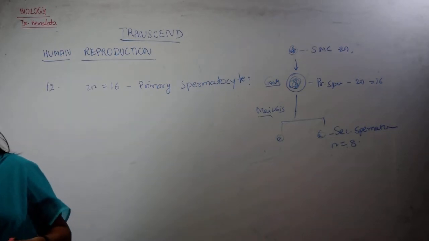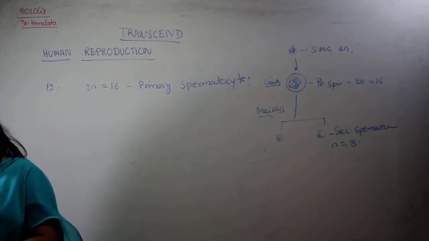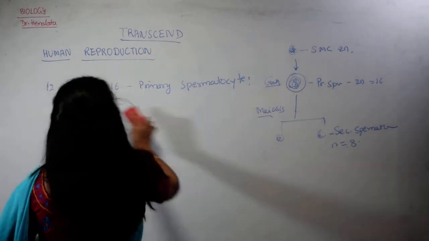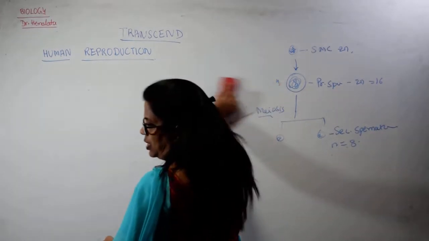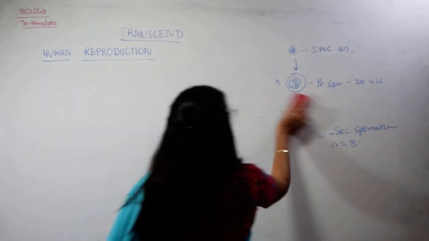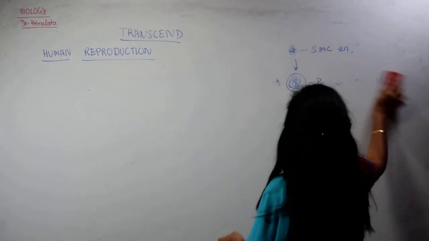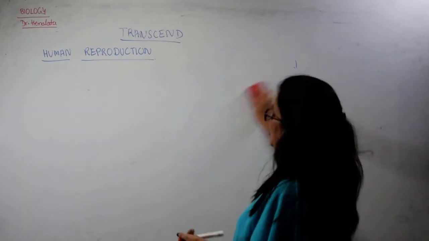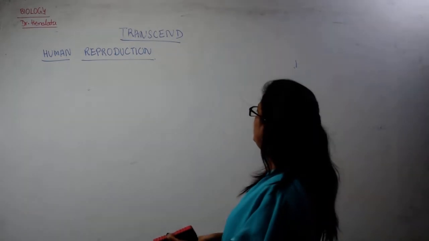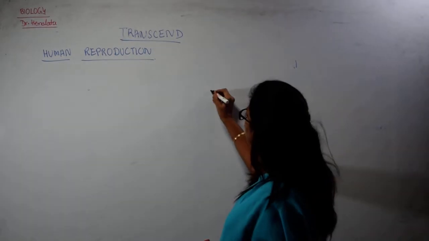Let me remind you once again the structure of Graafian follicle. Once again, if I draw, I hope you will understand that. 17th question, structure of Graafian follicle is given.